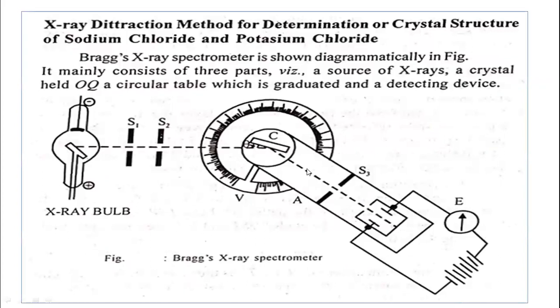You can see the X-rays are reflected from the crystal placed here. There is a specific angle here, so we will also measure the angle of reflection. The reflected X-rays go into the ionization chamber, where electrodes are fitted and an electrometer is there to measure the electric current.